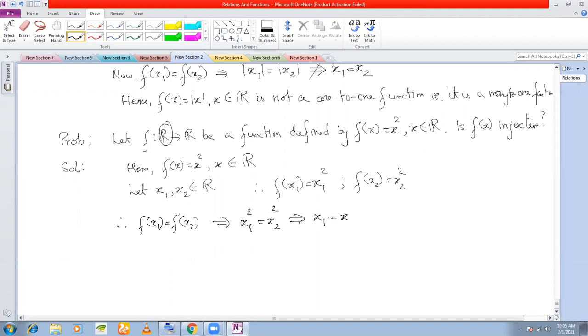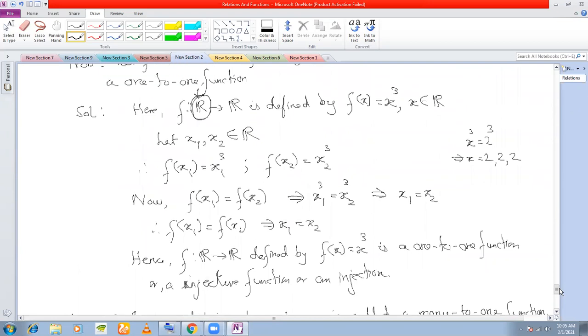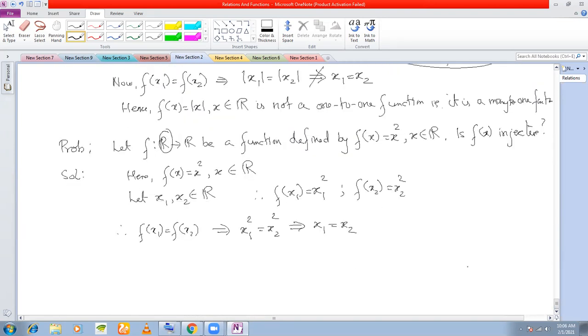Earlier, in case of cubes, x1 cube is equal to x2 cube means x1 is equal to x2. This one I showed you. But can you say it for squares? I think it will be not equal to. But why?